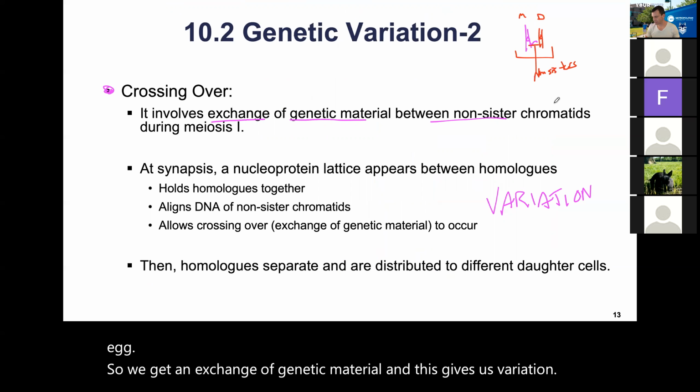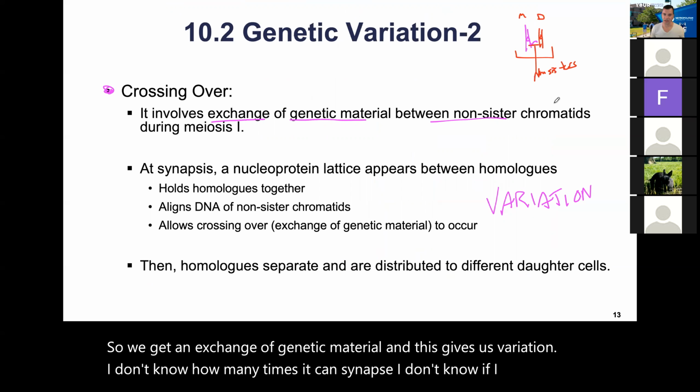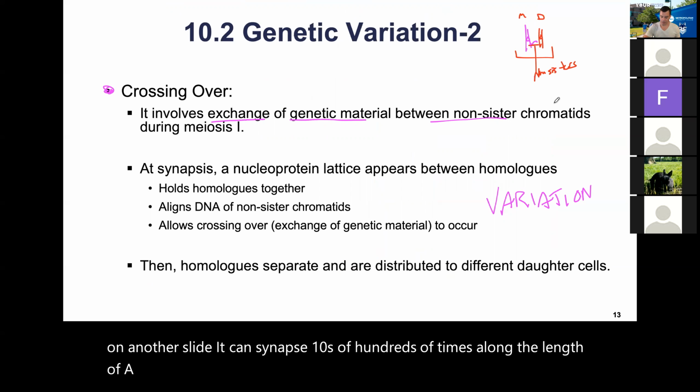And I don't know how many times it can synapse. I don't know if I have it listed on another slide. It can synapse tens of hundreds of times along the length of a chromosome. So it can do it a lot, and it can inject a high degree of variation.